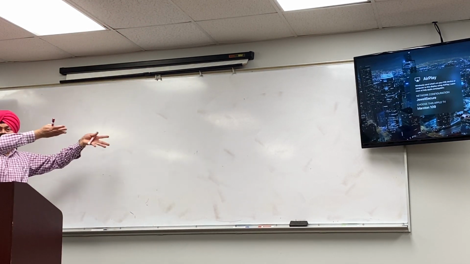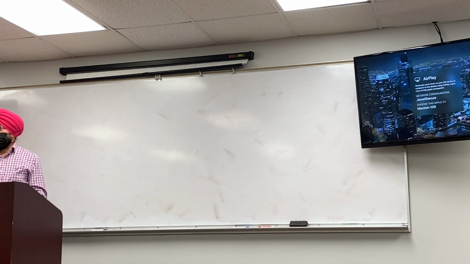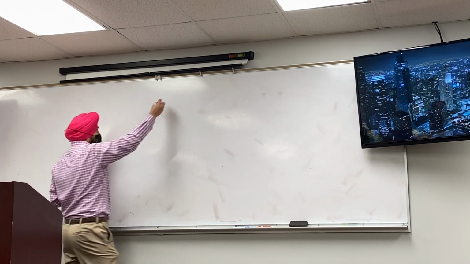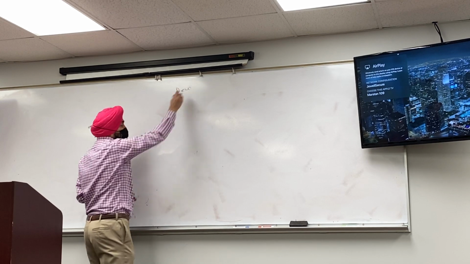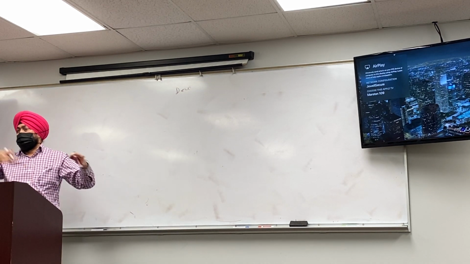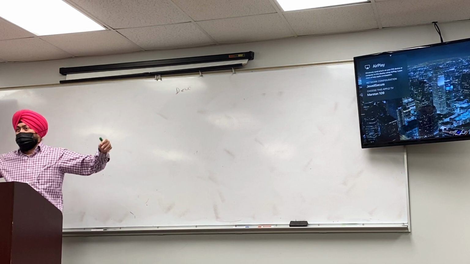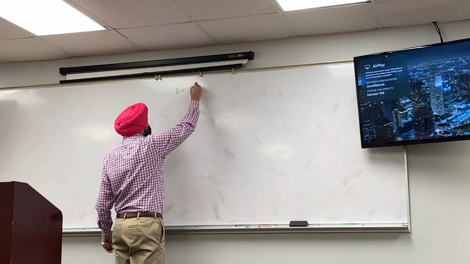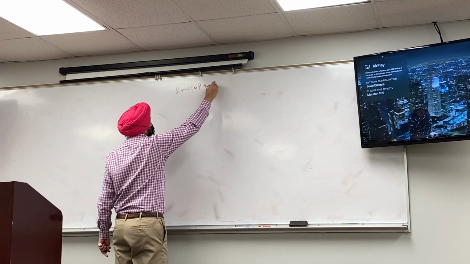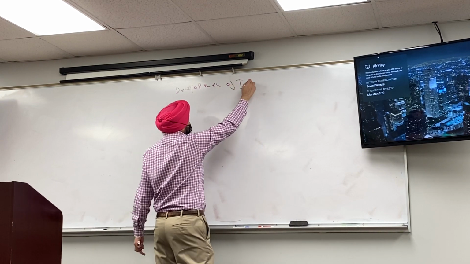So now we know how the placenta is formed, right? Now we are going inside and we are going to talk about, again, gastrulation. I'm just giving them separate names, right? So this is development of ICM.